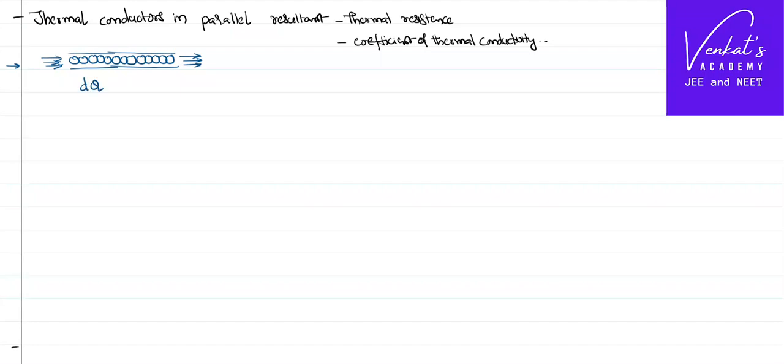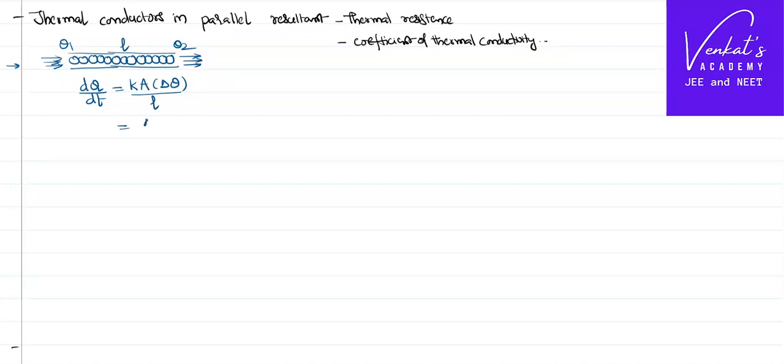The amount of heat that flows in thermal conduction via a solid material is directly proportional to the coefficient of thermal conductivity, the area of cross section, and the difference between the temperatures. If you call the temperatures theta 1 and theta 2, then delta theta is theta 1 minus theta 2, and it is inversely proportional to the length of that conductor.